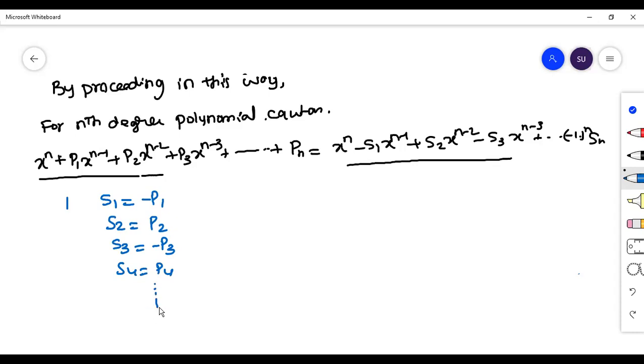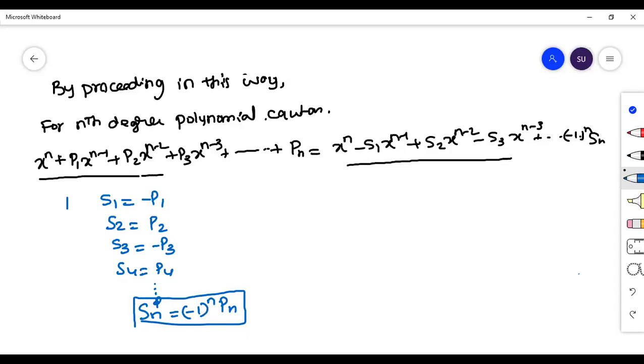Continuing like this, we can write Sn is equal to (minus 1) whole power n into Pn. This is the final relation.